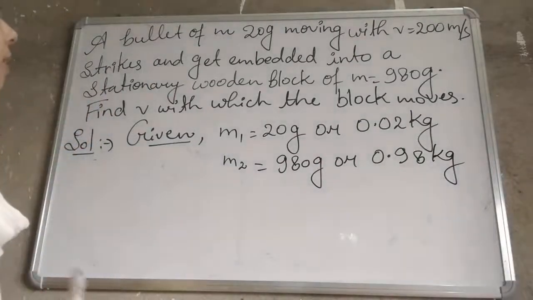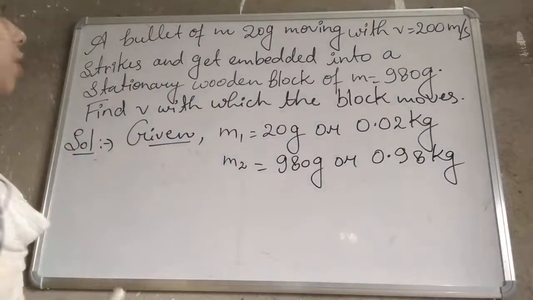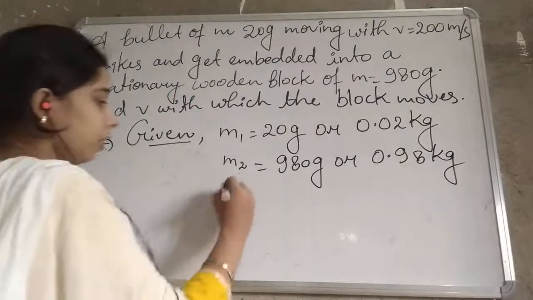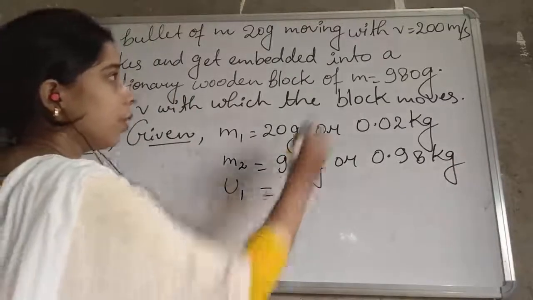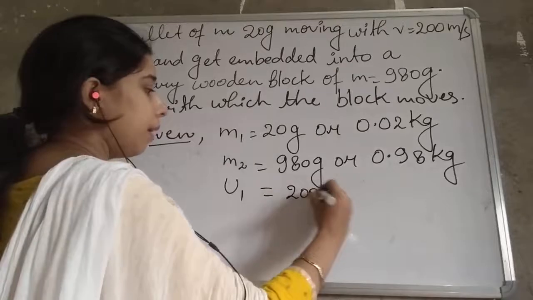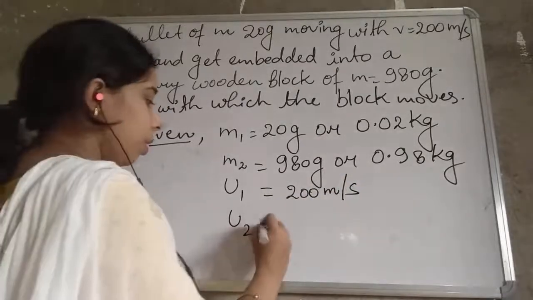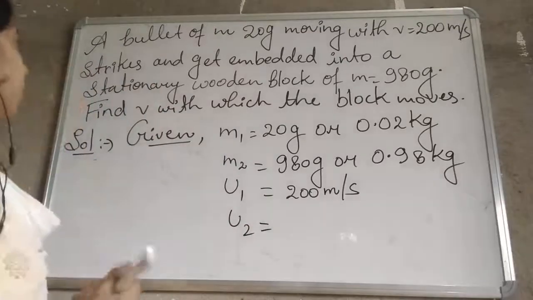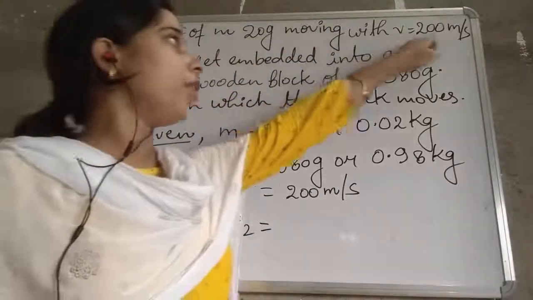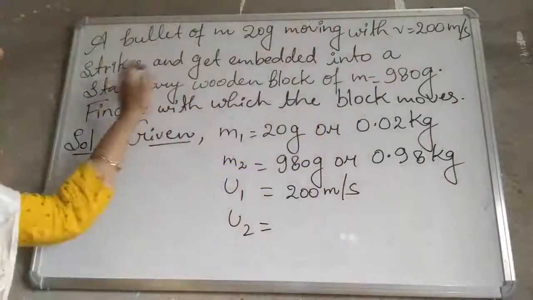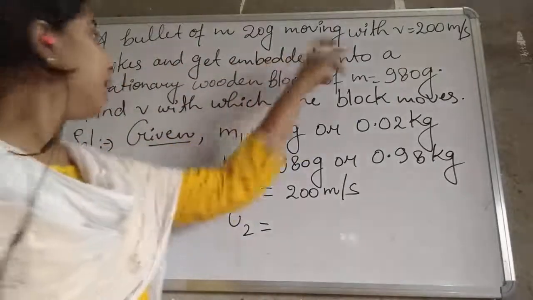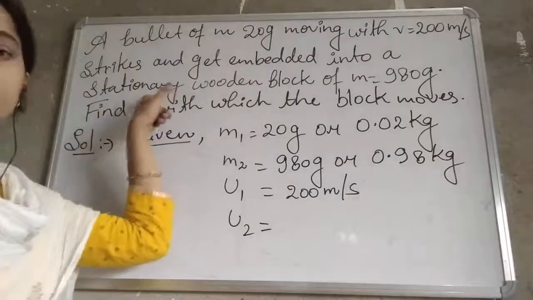Now, what is the initial velocity of the bullet? That is u1 equals 200 meter per second, and u2 is equal to what? See here student, the bullet moving with the velocity 200 meter per second strikes and gets embedded into a stationary wooden block.